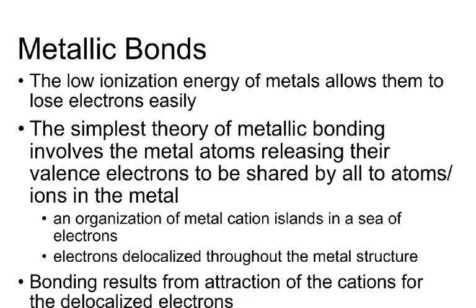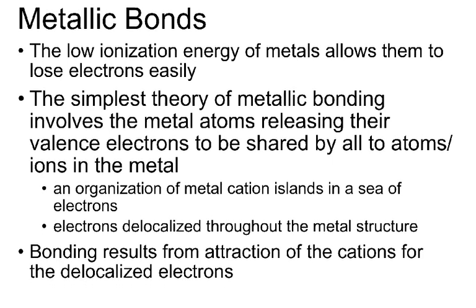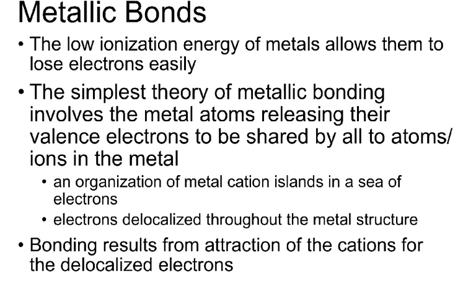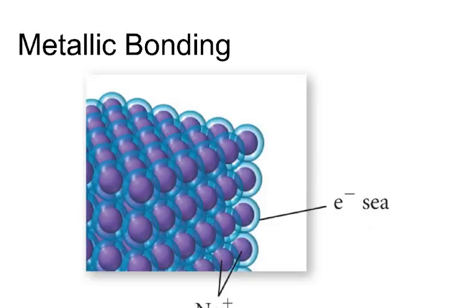Okay, a couple slides on metallic bonds. So metals have low ionization energy that allows them to lose electrons easily. We've talked about that. So in a solid metal, the electrons released go into this shared electron sea, which here's a picture.